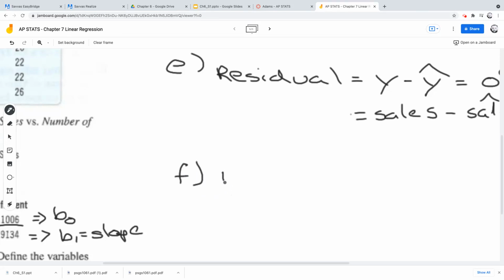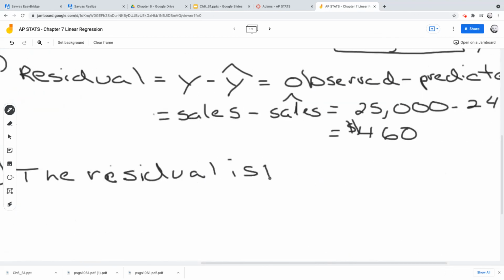So the residual is positive. And if you have a positive residual, and this was in your notes, so it's very common that you would not remember all this stuff, if your residual is positive, then you have an underestimate.